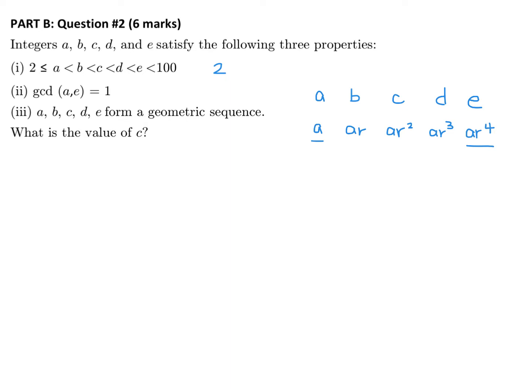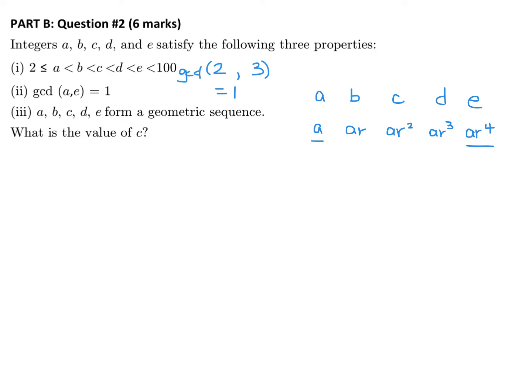And then I said, what's the greatest common divisor? Well, obviously, the greatest common divisor here is 2, and 2 is not 1. The only way the greatest common divisor could be 1 is if you had a scenario where you had no prime factor in common. So if A was 2 and E was 3, then it would be 1.